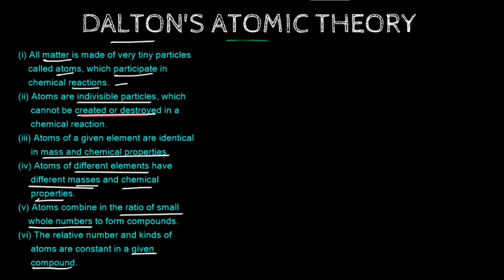Let's move on to the next one, that atoms combine in a ratio of small whole numbers to form a compound. That is, atoms of two different elements combine together in simple small whole numbers to form a compound, like hydrogen and oxygen combine in a ratio of 2:1, which gives us water.